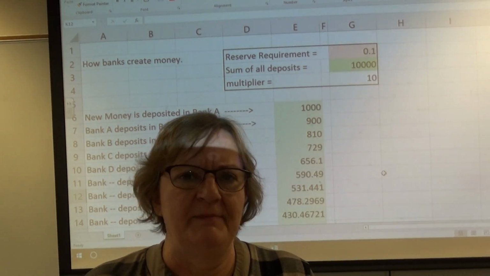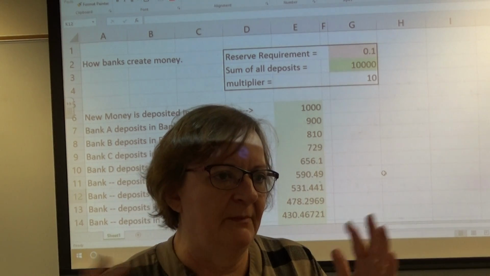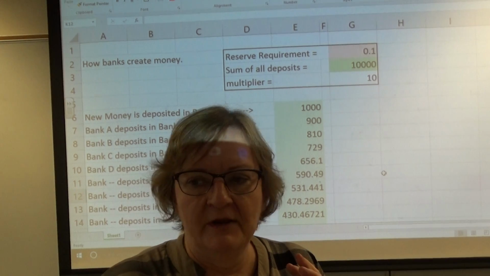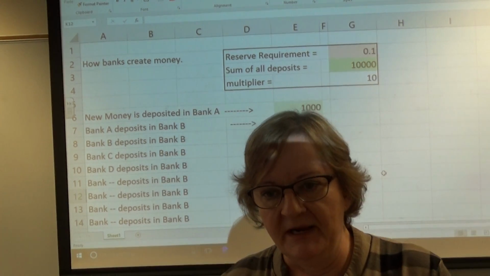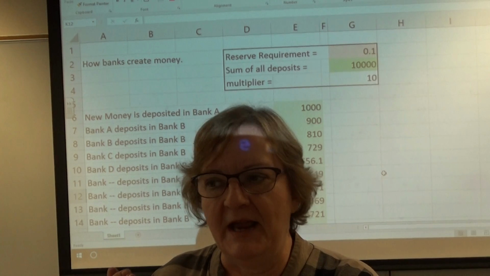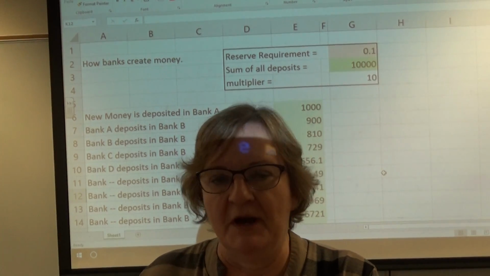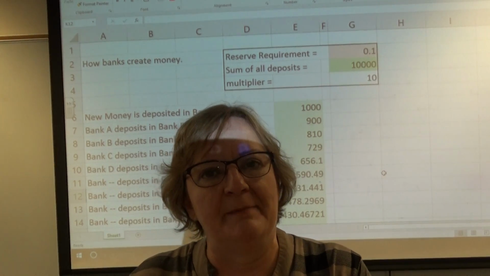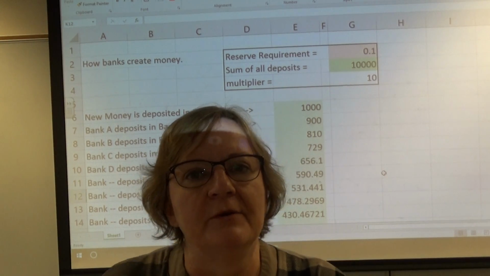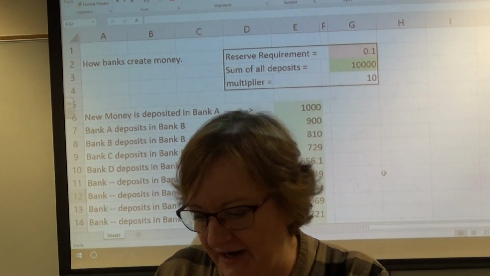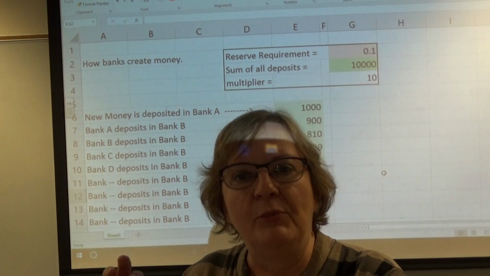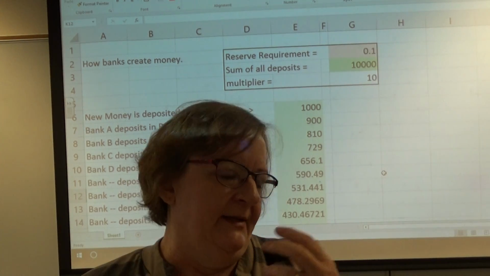Wouldn't that be nice if you were at the top of the chain, and you could write a check and the banks had to come to you to get money to pay for the check that you wrote, and you just kept an electronic record of what you owed the banks, so you just got in your computer and said, oh, here, I'll put more money in the bank's account.